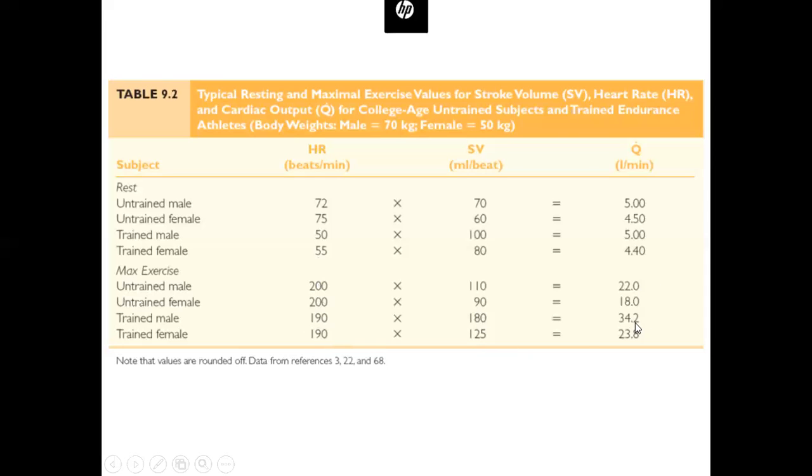Look at the differences in the amount for a trained versus an untrained male, and an untrained versus a trained female, meaning that there's going to be a heck of a lot more blood flowing to those working skeletal muscles, and they're going to get more blood, more nutrients, more ATP.